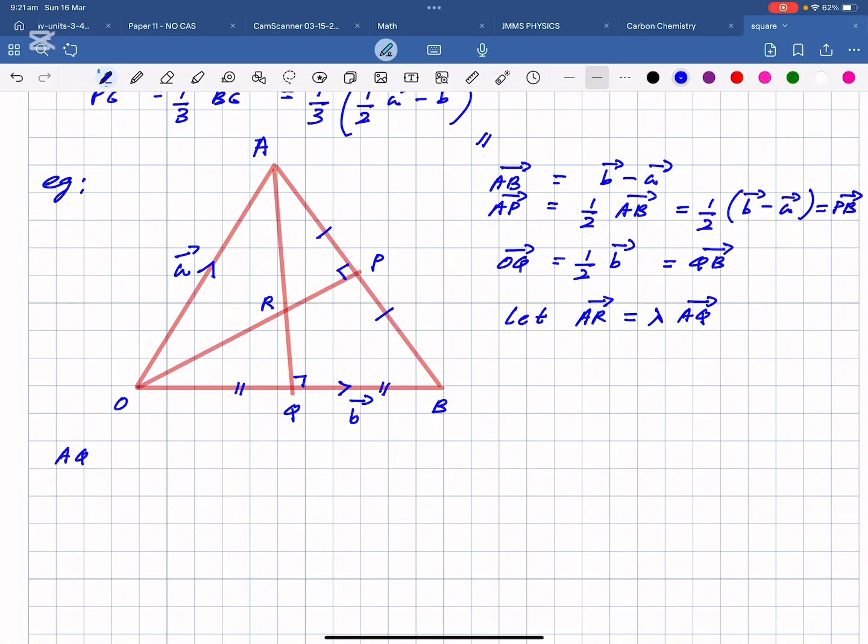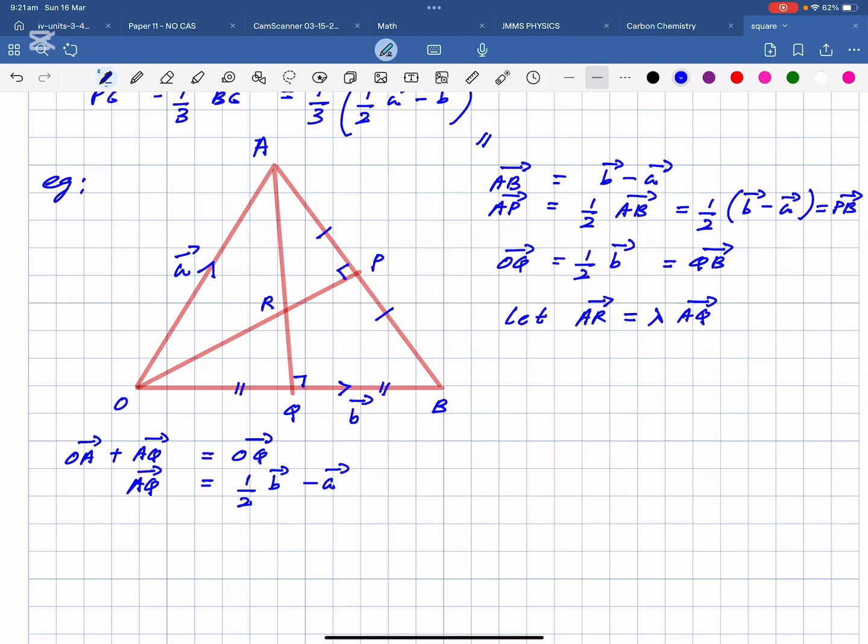What is AQ vector? You know that OA plus AQ is going to be OQ, right? Let me write it with all the information. So you can find AQ here. AQ is equal to OQ minus OA. How much is OQ now? OQ is half times B vector, then minus OA vector, which is A vector. So that is AQ.